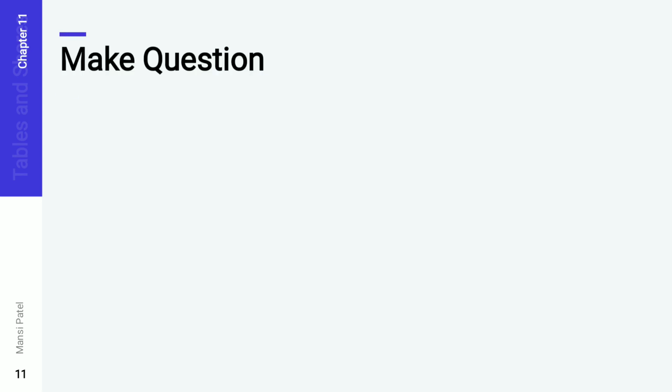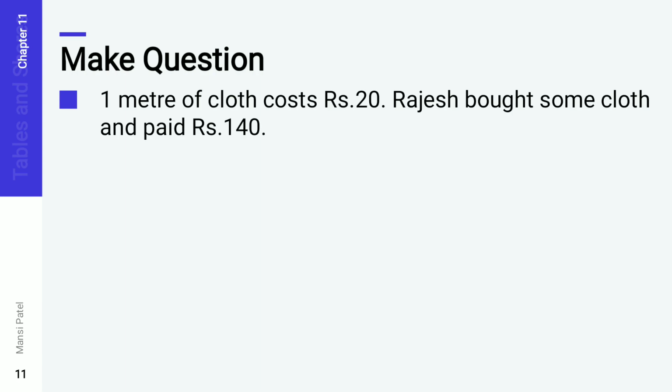Here your question is 1 meter of cloth costs rupees 20. Now see here they were given the cost for 1 meter of cloth and that is rupees 20. Rajesh bought some cloth and paid rupees 140.